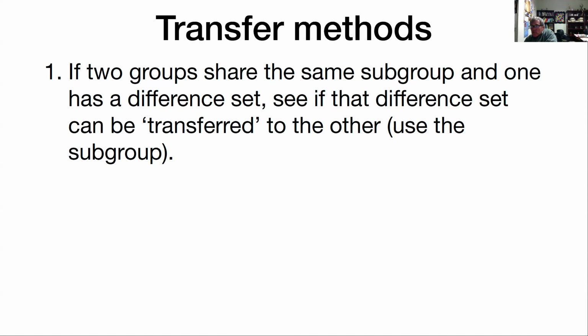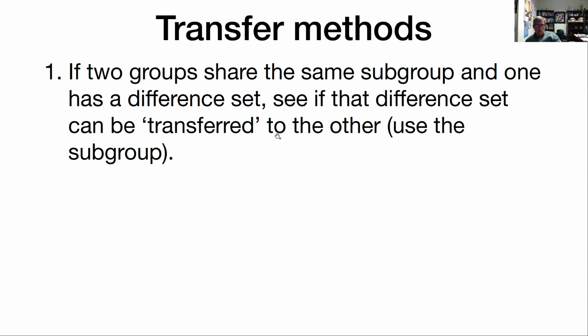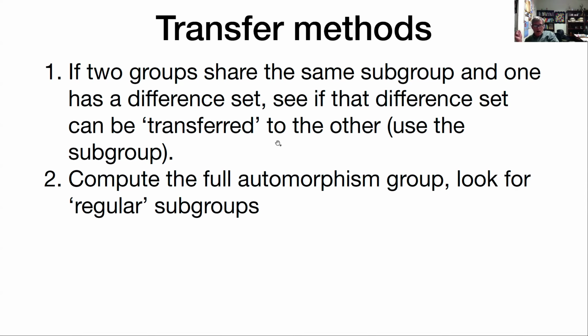As groups, they have similar structure. Maybe you get lucky and you get a difference set in the group that shares a subgroup. And that worked in a lot of cases. Okay, so that's one approach.